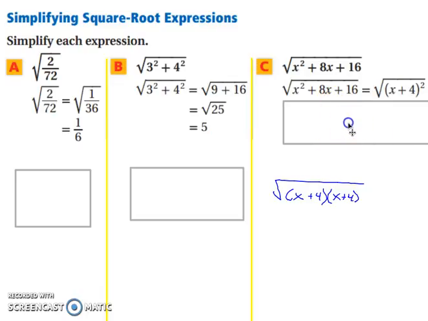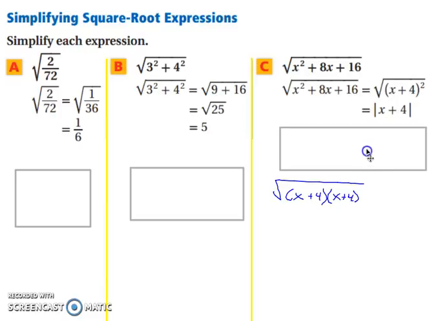So now we simplify. Since this is one clump of numbers, we can cross out the 2 and the square root and end up with the absolute value of x plus 4. You couldn't do that here because they were completely separate, but here they were one clump, all being squared.